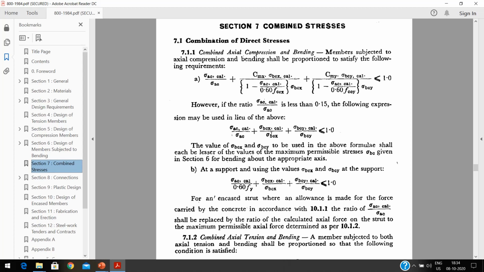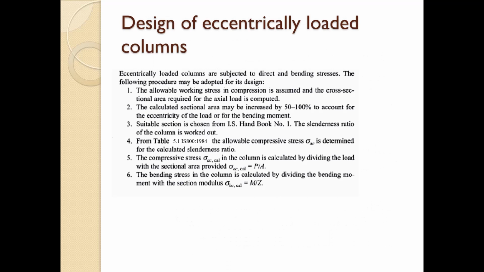The only thing is, we have to use or check these conditions for the combined axial compression and bending. As far as the derivation part is concerned, that is only for understanding. You only need to remember the formula which has been given in IS 800.